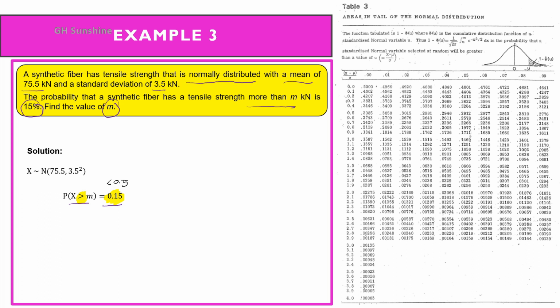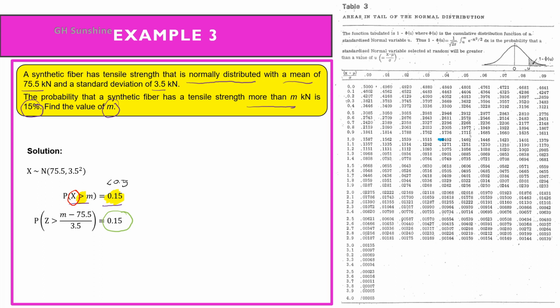Okay, next step. From x, transform to z. X minus mu over sigma equal to 0.15. And then from this value 0.15, find in the normal table 0.15, the nearest one. So where is 0.15?